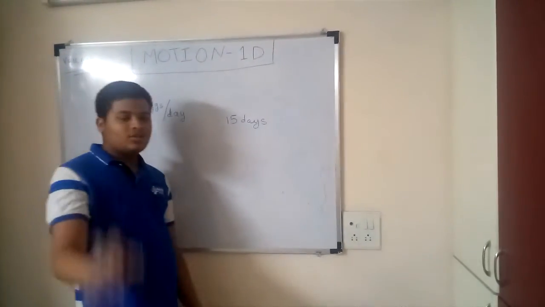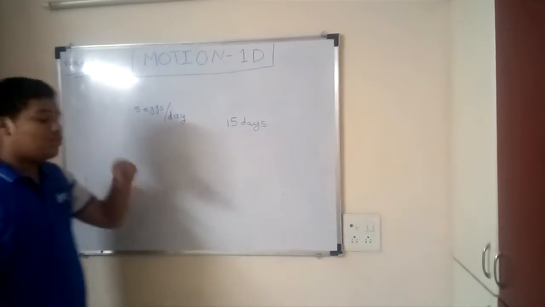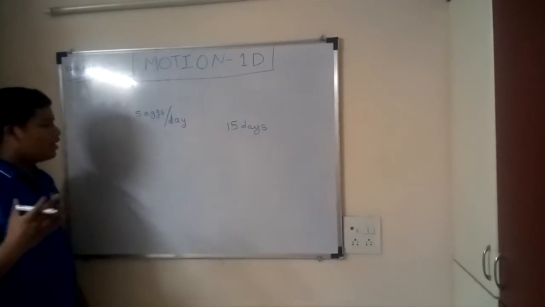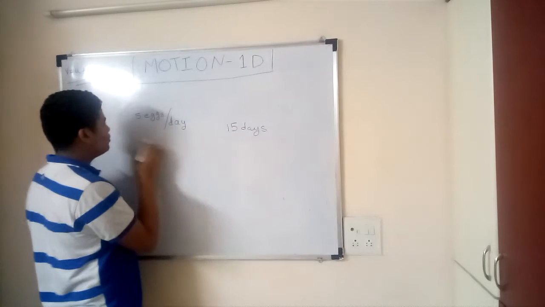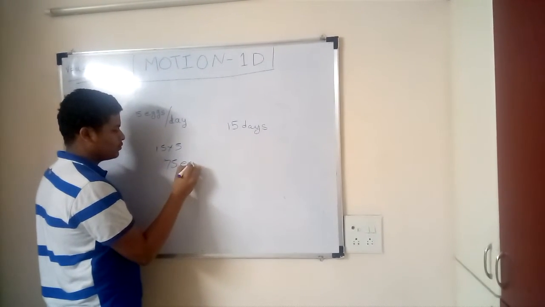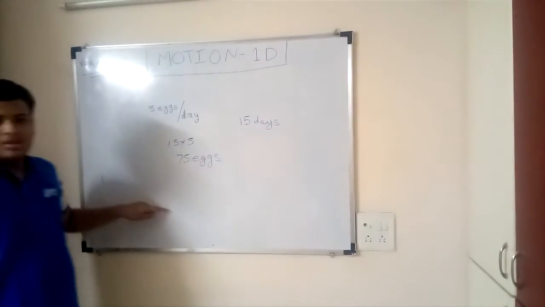Now I will ask you one question: on the 15th day, after purchasing 5 eggs each day, what will be the total number of eggs with me? How will you calculate that? 5 eggs per day, so you simply multiply 15 into 5, which is 75 eggs.